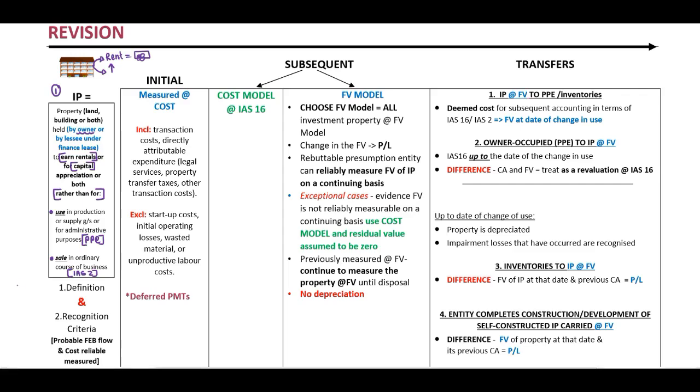Now, when can we recognize investment property in the entity's records? The standard indicates to us that first we need to comply with the definition of investment property, which is land and buildings held by the owner to earn rental or for capital appreciation.